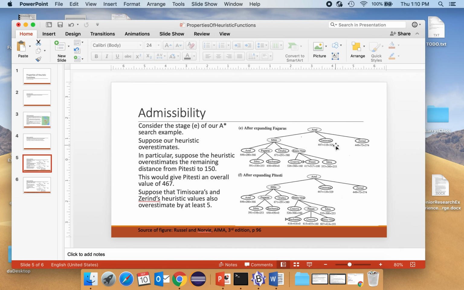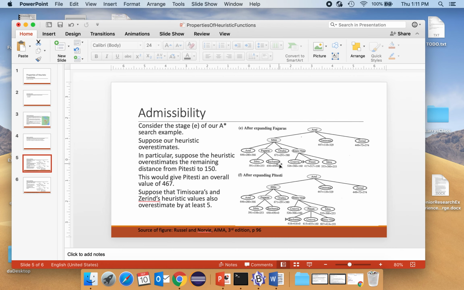For argument's sake, also assume that the heuristics from Timisoara to Bucharest and Zerind to Bucharest add 5 each. As you can tell, where I'm going with this, all the values will be larger than the one to Bucharest, right? So 467 is larger, and with 5 added, 452, 454, they all will be larger. So what's going to happen?